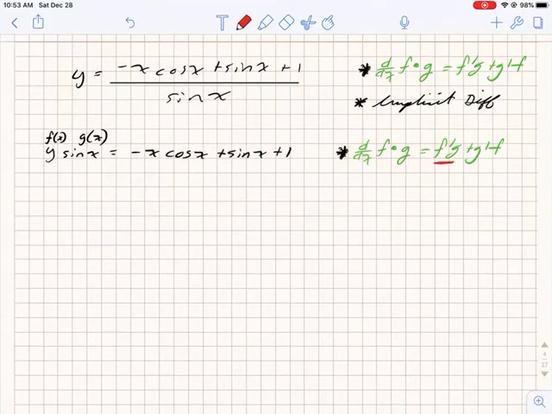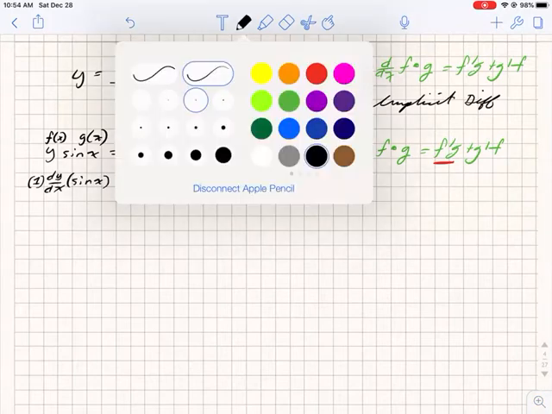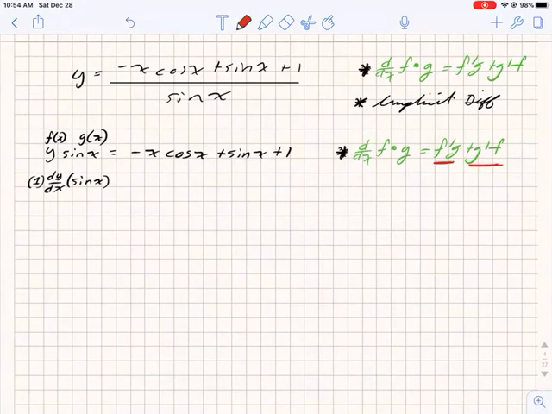It says take the derivative of f of x and copy down g, so let's do that. The derivative of f of x, which is y, we said was 1 dy over dx, and we're going to copy down the g of x function. Now the next step is to take the derivative of the g function and copy down the f of x function. So we're going to add the derivative of sine x, which is cosine x, and then we're going to copy down our f function.